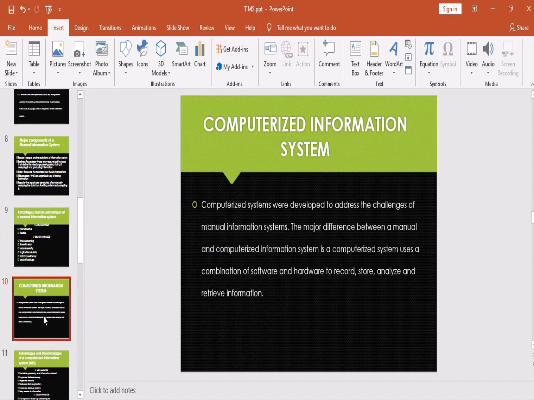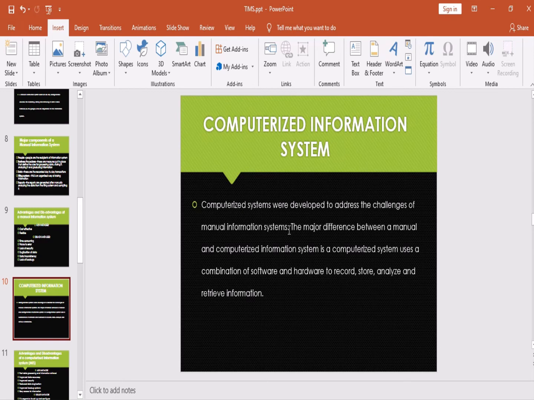Next, coming to the computerized information system. Computerized systems were developed to address the challenges of manual information systems. Whatever drawbacks we faced in the manual information system, we want to rectify by using the computer information system.